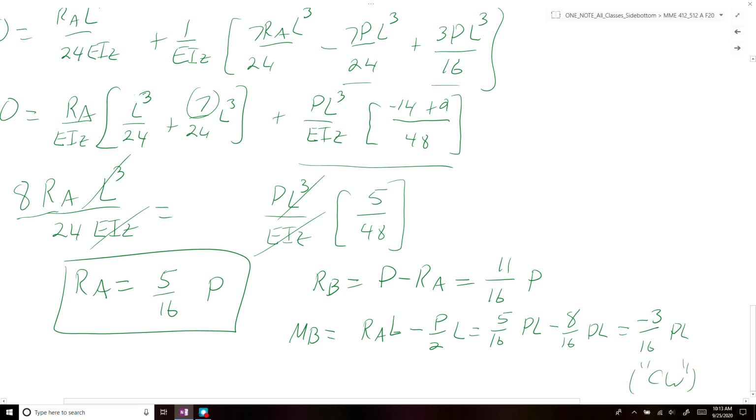Alright, so in short, for solving statically indeterminate problems, what you need to do is use the boundary conditions of the problem in order to solve for one of the unknown reactions.